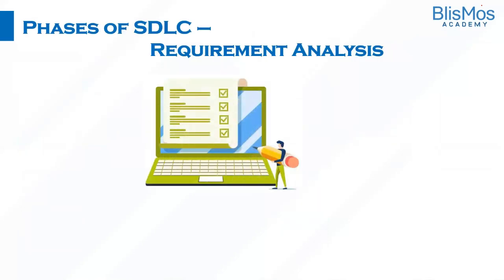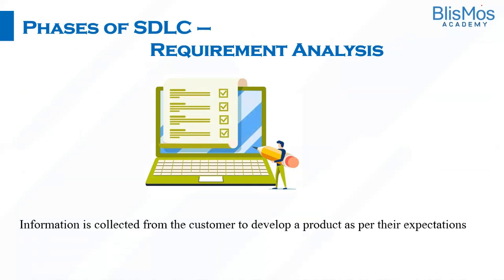First phase is analysis, which can also be called requirement analysis, where all the relevant information is collected from the customers to develop a product as per their needs or expectations.